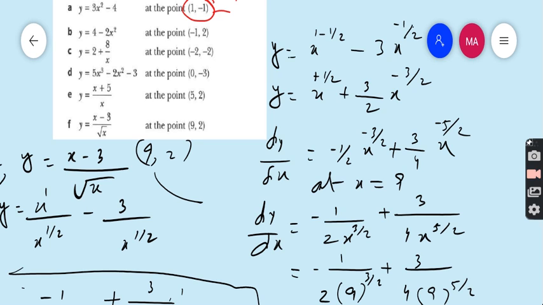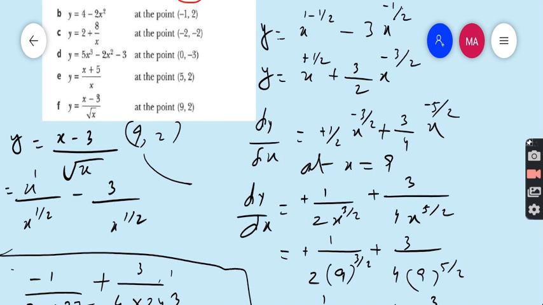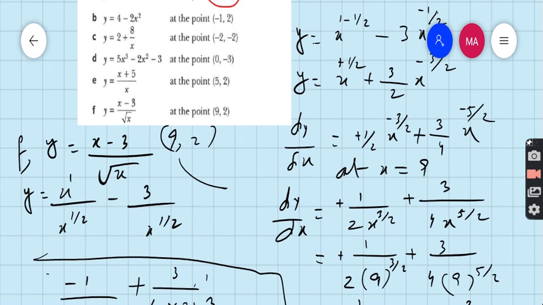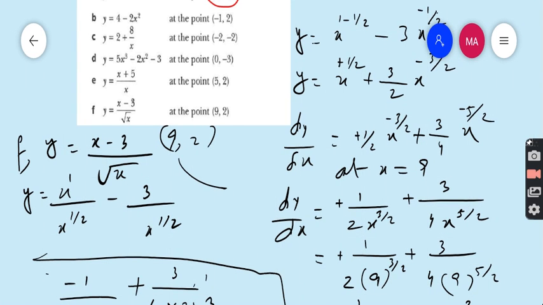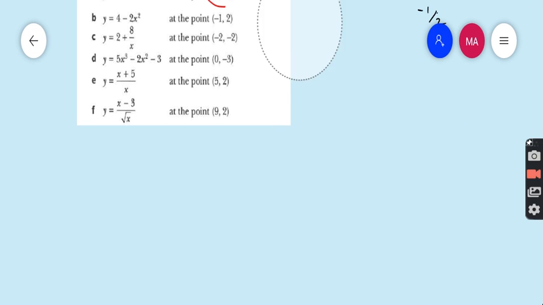This is the mistake. I will do the whole part again. A small mistake can damage the entire question.